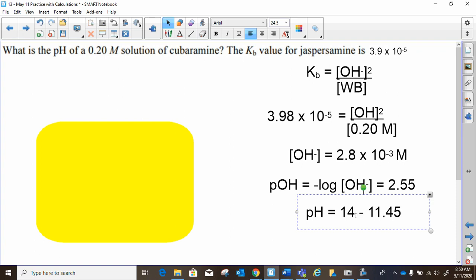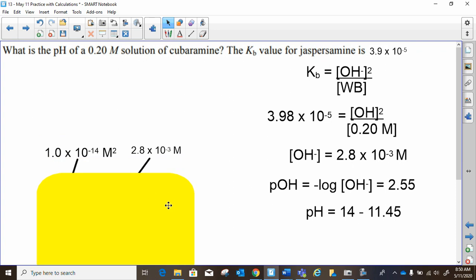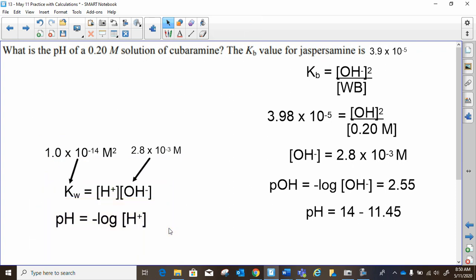Now, some of you might have noticed when you got to this OH minus step, you could have used KW. KW, remember, is 1 times 10 to the negative 14. And the hydroxide concentration is this. So you could have rearranged to find the H plus and then did your negative log of H plus to get your pH.